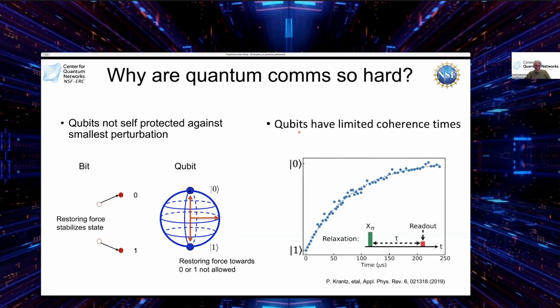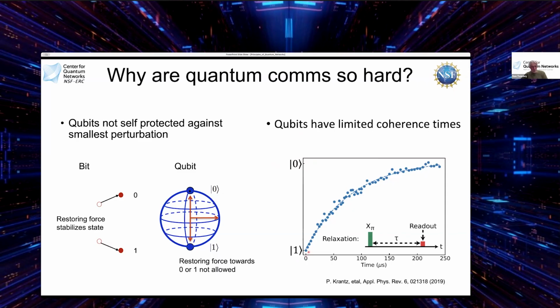The other thing is that qubits have limited coherence times. If you take any qubit memory, what you'll find is there's a natural state that the memory would like to be in, and that might be what we call 0. And when we want it to be in the state 1, we put it into a higher energy state.